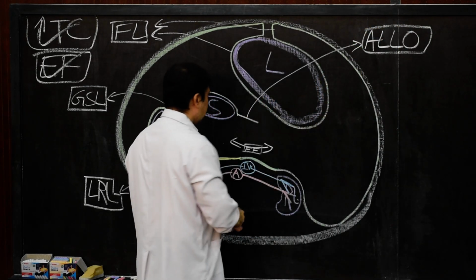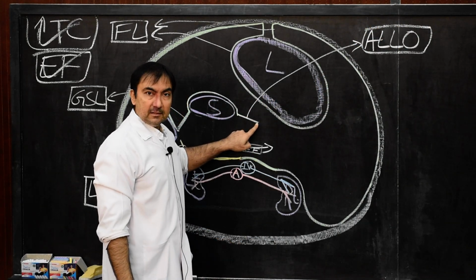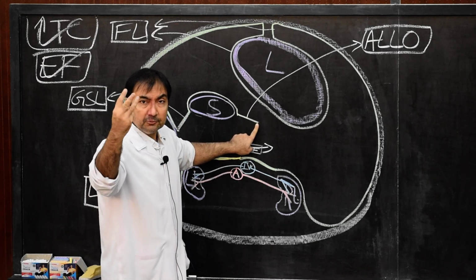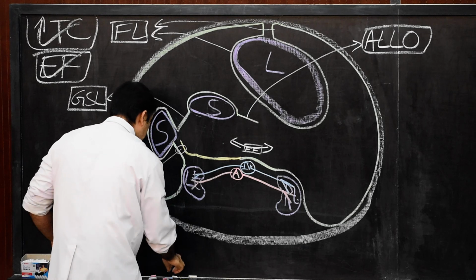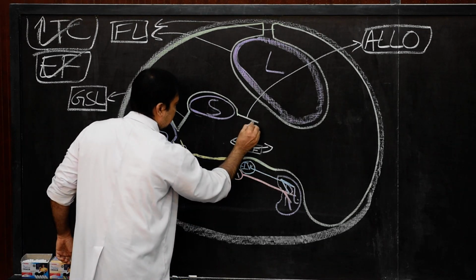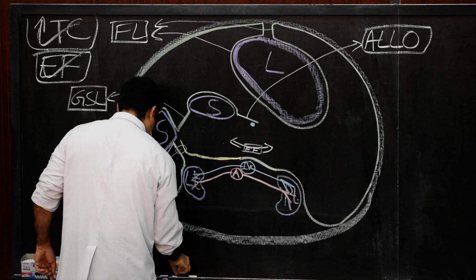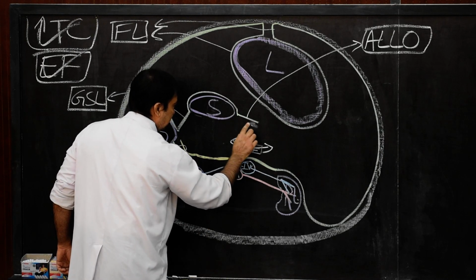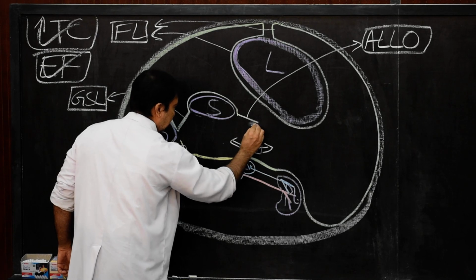Now as it continues on the right side, it will form the right free margin of the lesser omentum around three structures. What are those three structures? The three structures will be the portal vein, then there will be the hepatic artery. This is the hepatic artery.